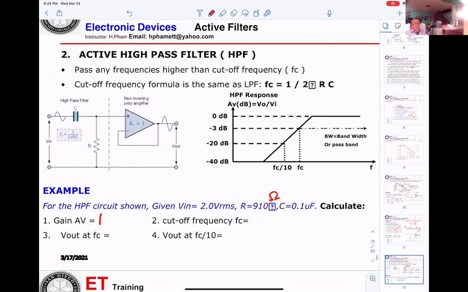At the beginning, we already told you, active component, that means the op amp, will give you the gain. However, passive components R, C, L will give you a different frequency. So that's why we use a follower.